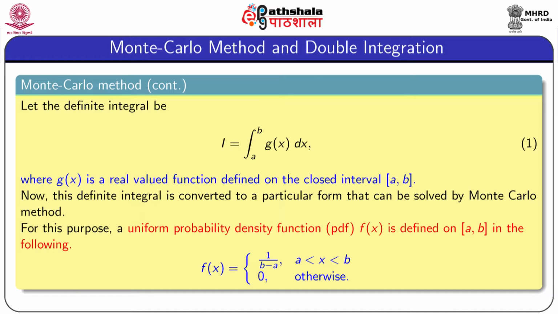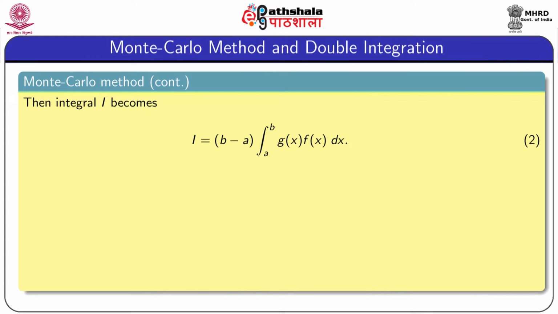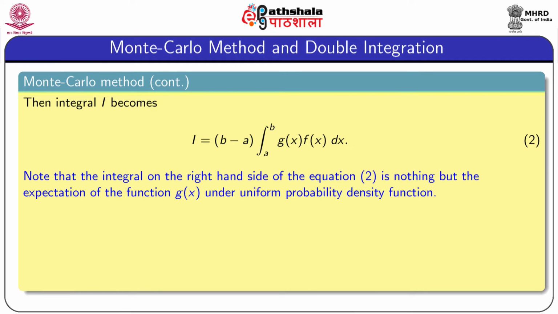Using this concept the given integration becomes I equal to (b minus a) integration a to b g(x) f(x) dx. Note that f(x) is nothing but 1 by (b minus a). Note that the integral on the right hand side of equation 2 is nothing but the expectation of the function g(x) under the uniform probability density function.